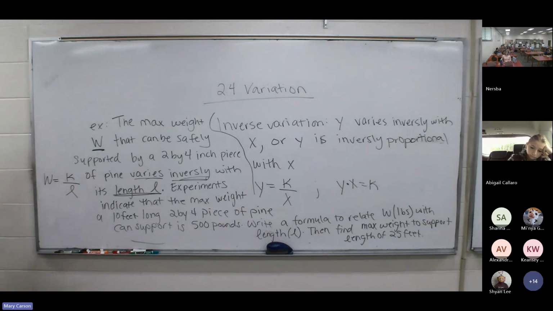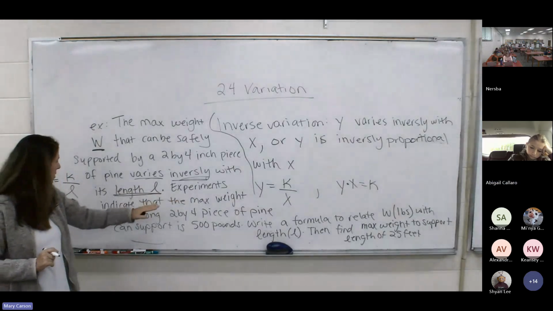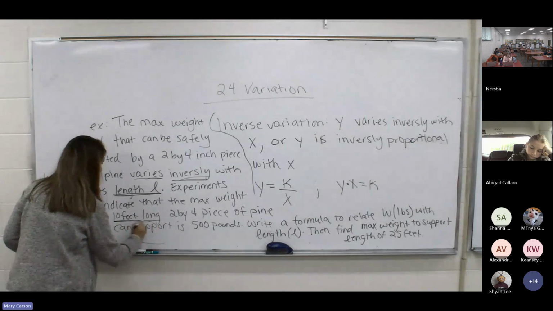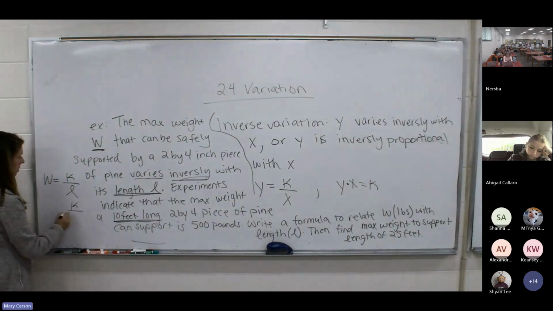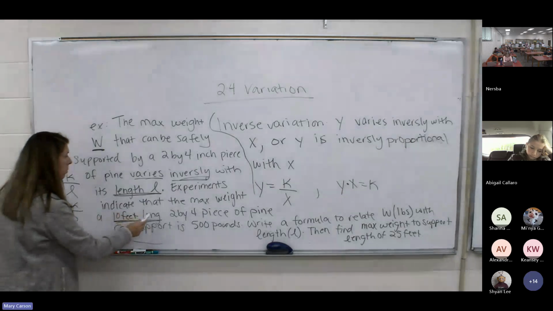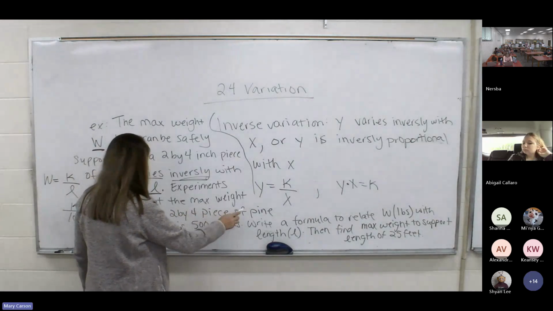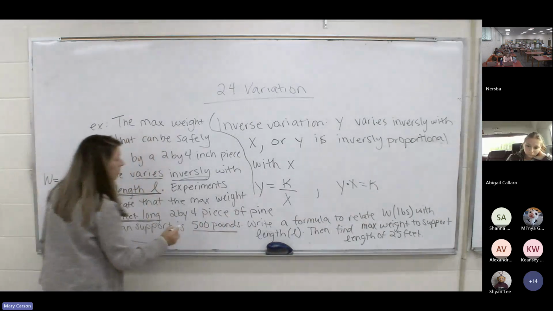Now, this next sentence, experiments indicate that the max weight of a 10-foot long, this tells you how long it is. So that's gonna be the L. So again, this is gibberish. How long a 2x4 piece of pine can support is 500 pounds. What is that?